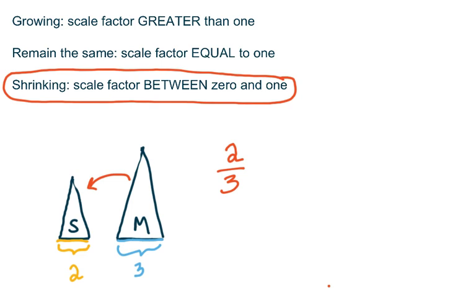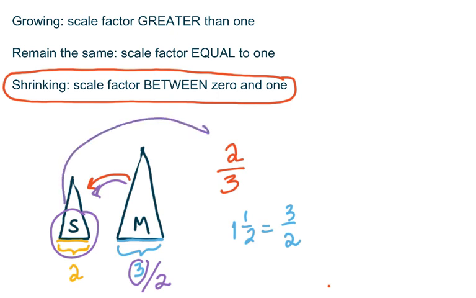If you chose 1 1/2, which is equal to 3/2, then what I think happened is that maybe you looked at these triangles the way they are and you said, well, I'm going from M to S, so it's going to be 3 divided by 2, rather than keeping in mind that we need to start with the original. The original value is what goes in the numerator, and your new value goes in the denominator.